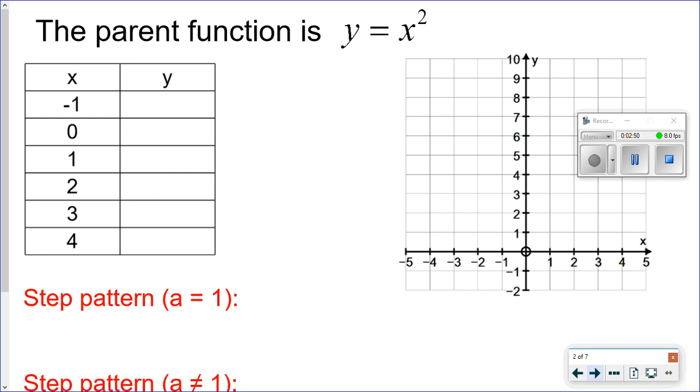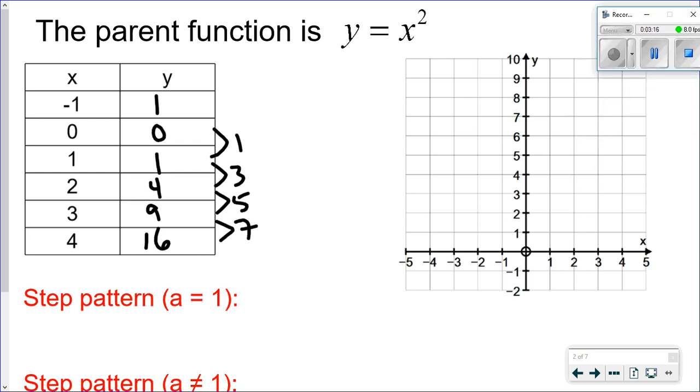So the parent function is y equals x squared. So the king parabola, in other words, 1, 0. And if we look at our first differences, we could actually graph based on the first differences.